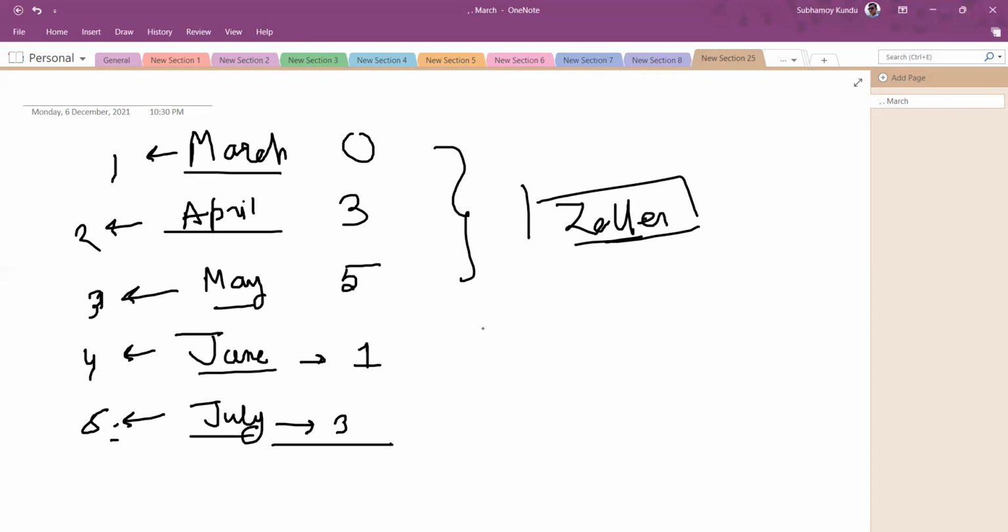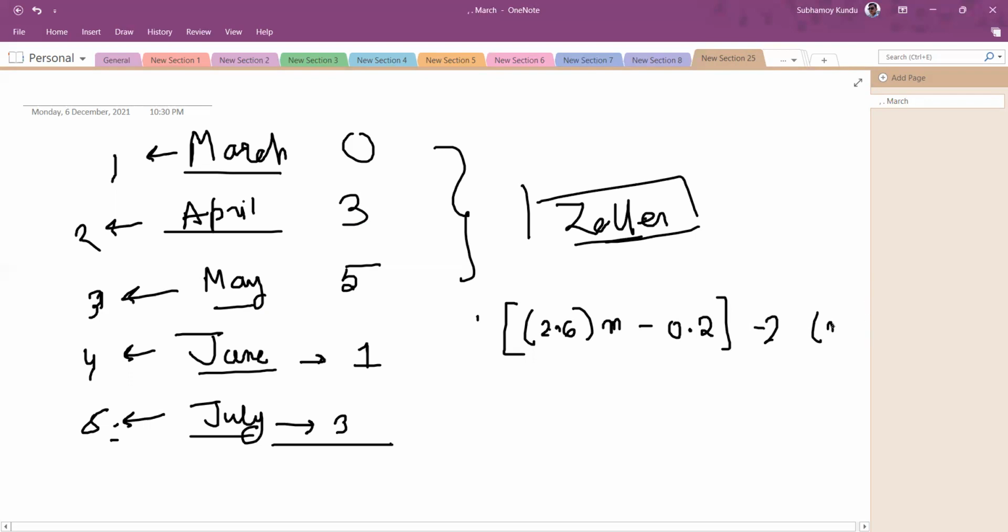He has said that the 1st of the month will be nothing but floor of 2.6 m minus 0.2 minus 2 mod 7, where m is the usual number that we define for that month. These numbers, 2.6 and 0.2, have been found by Christian Zeller. So that's why it's called Zeller congruency.